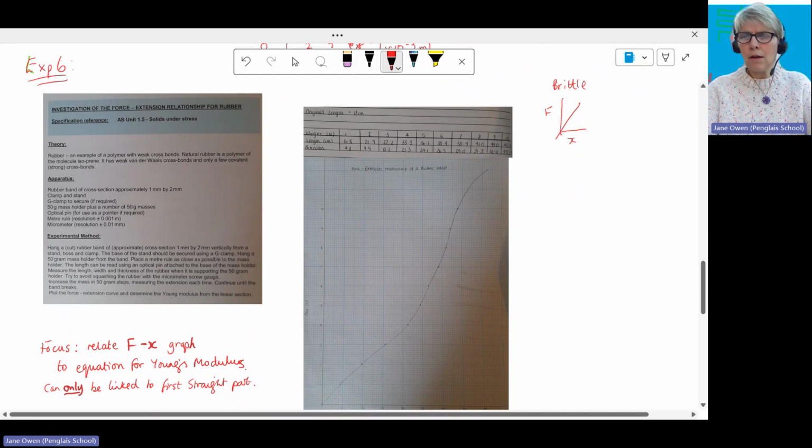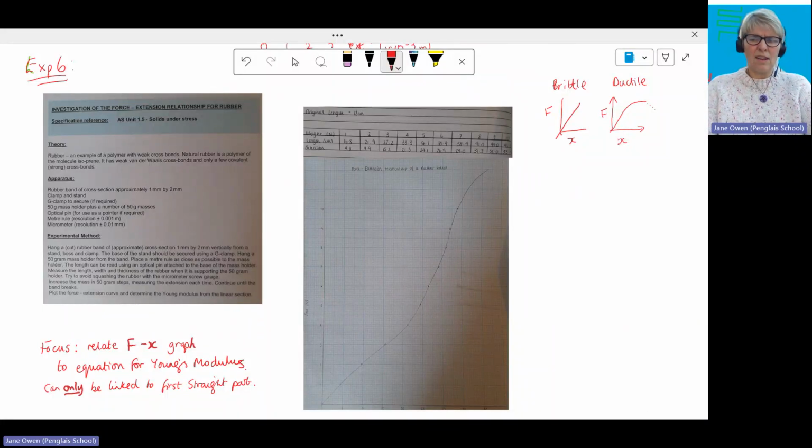Whereas if you look at ductile materials, i.e. it's got a plastic part, then the force against extension graph is straight for the first part and then it curves off. Now sometimes you'll see a little dip, or sometimes you'll just see it level off until fracture, and that's because of necking effect. But it's a curved trend there.